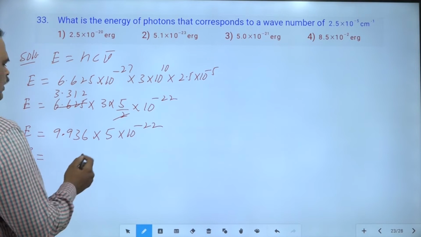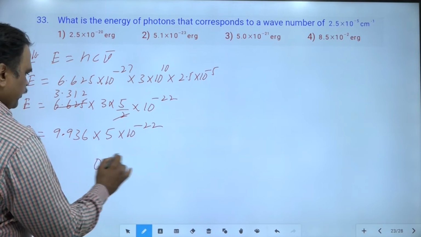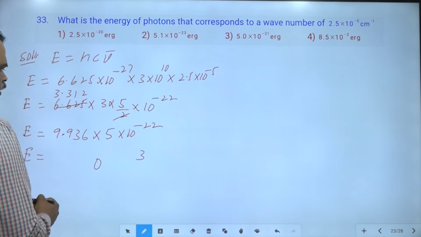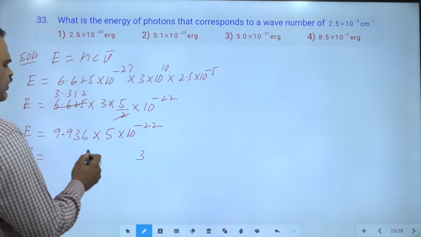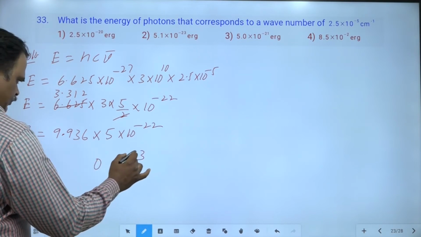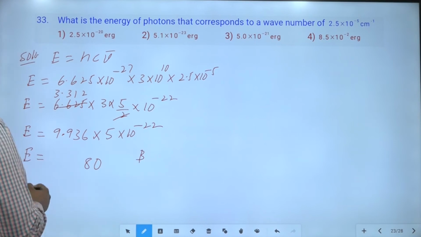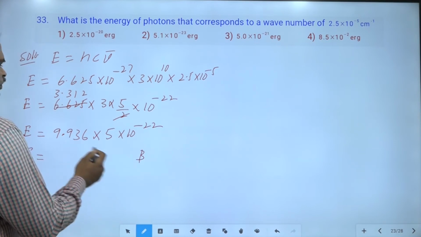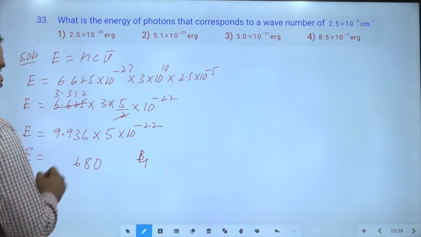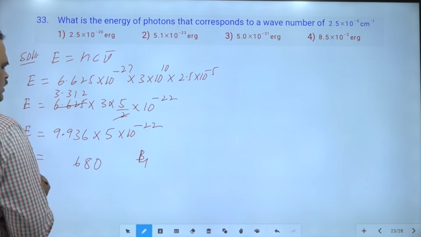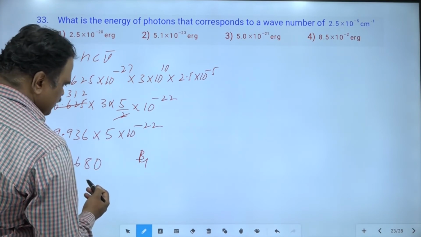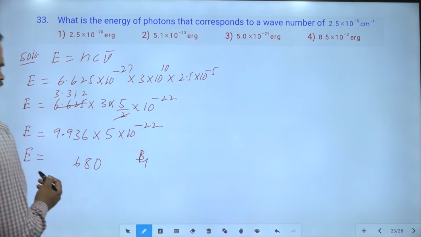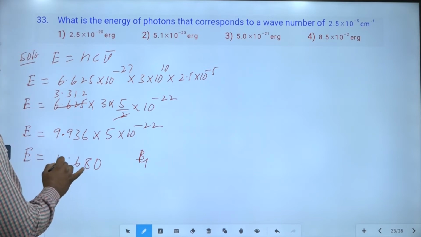Now 5 6s are 30, 5 3s are 15, 15 plus 3 is 18, 5 9s are 45, 45 plus 4 is 49.